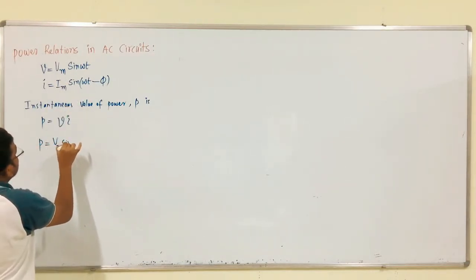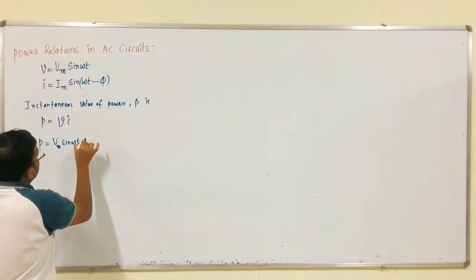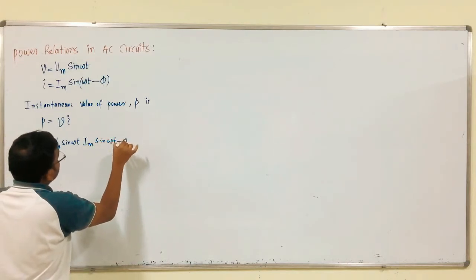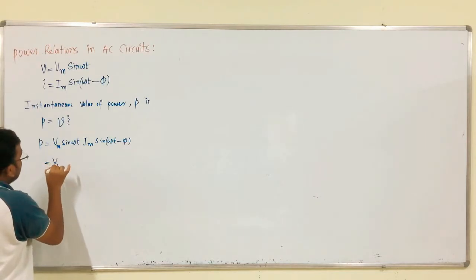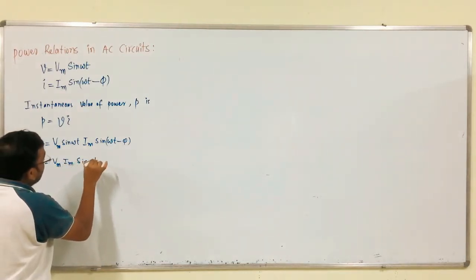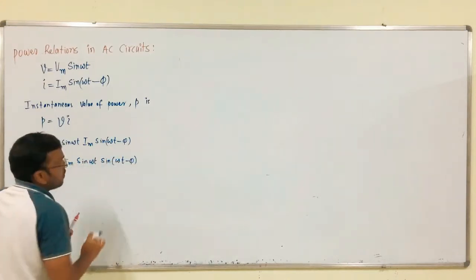Capital Vm sin omega t, into Im sin(omega t minus phi), which is equal to Vm Im sin omega t sin(omega t minus phi).